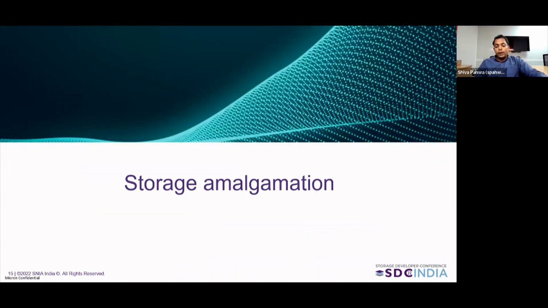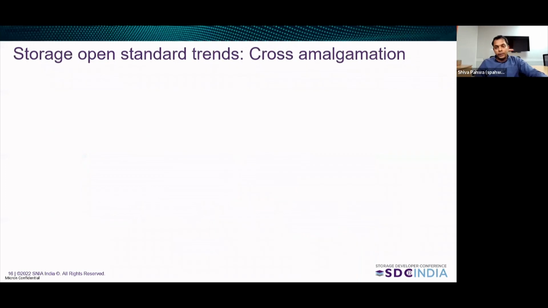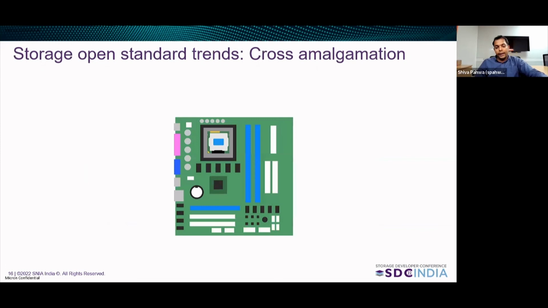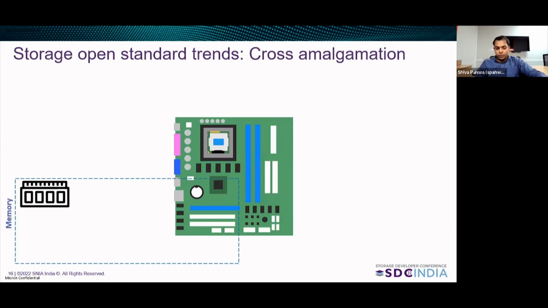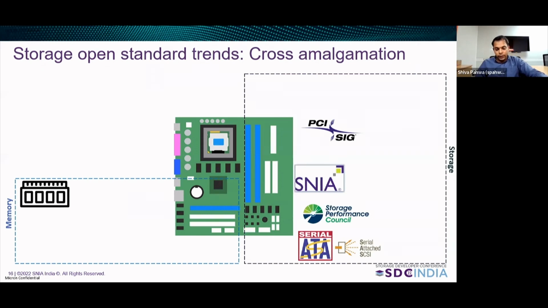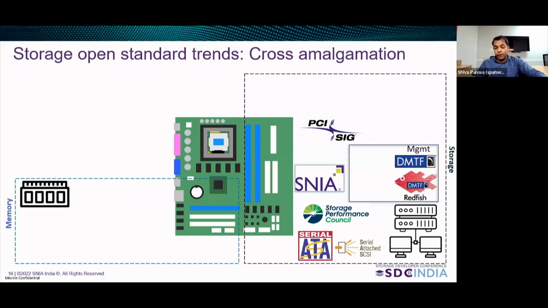So we would like to summarize all that we have spoken about in this one diagram. Initially there was memory technology that was published by JEDEC, and then came storage technologies, where the governing body was SNIA, and later on there was PCI SIG, SAN, DMTF, which was used to manage the storage or the SAN environments mostly.